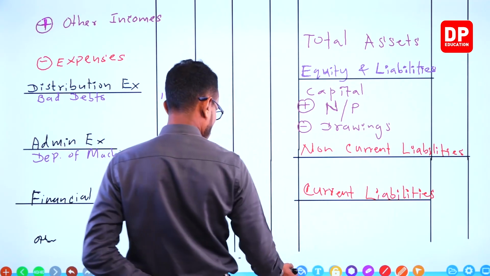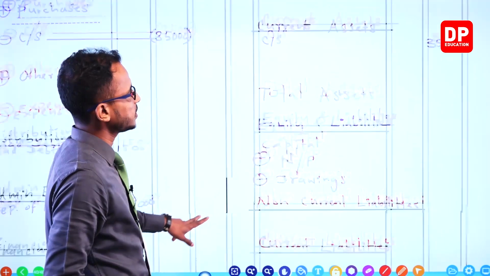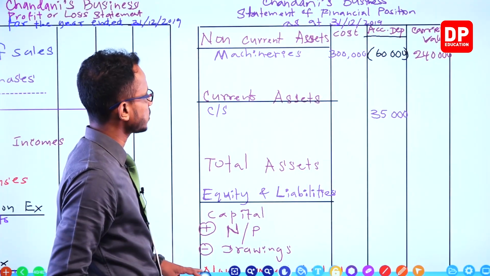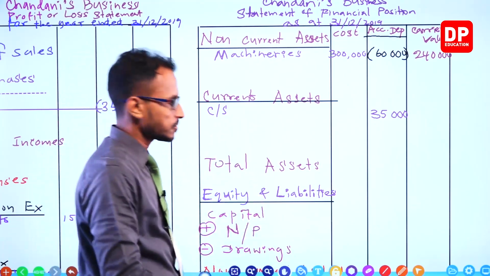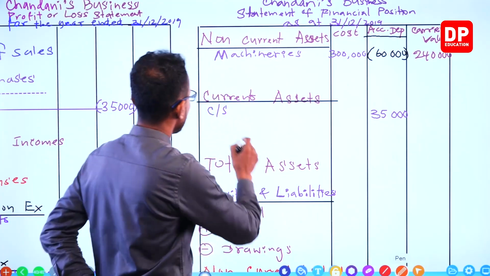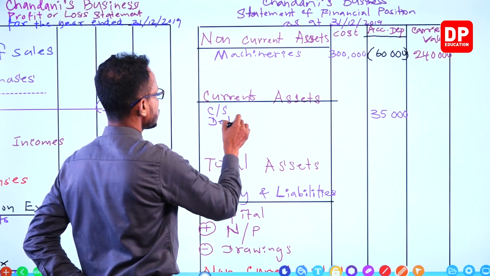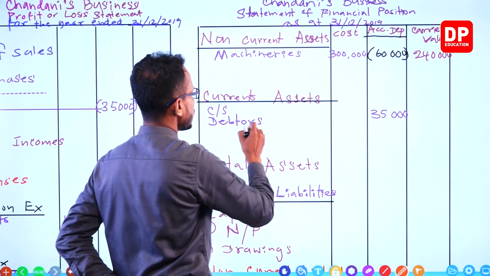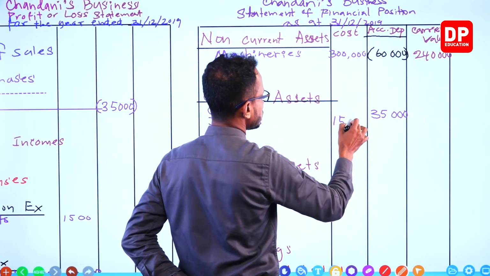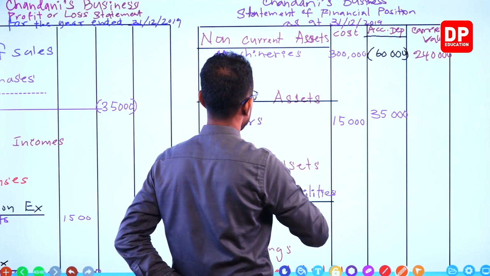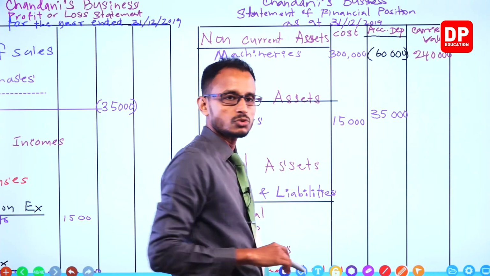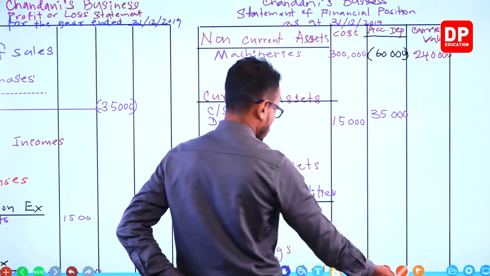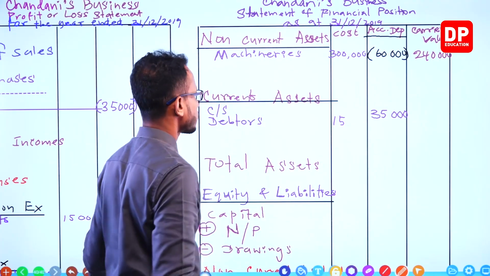Now, where to enter in the SOFP? Under current assets, from debtors, you subtract. First of all, write debtors in the first column, 15,000, and from that minus 1,500. Or else you can do it this way.